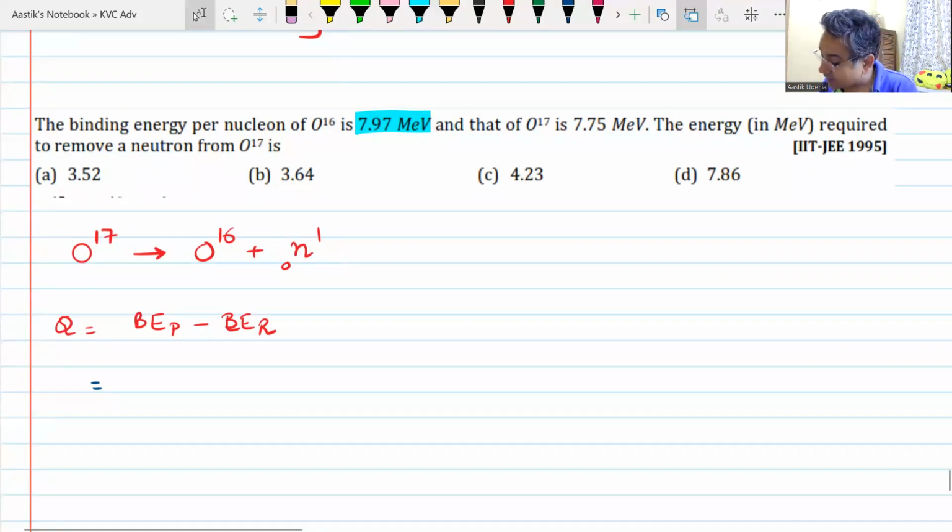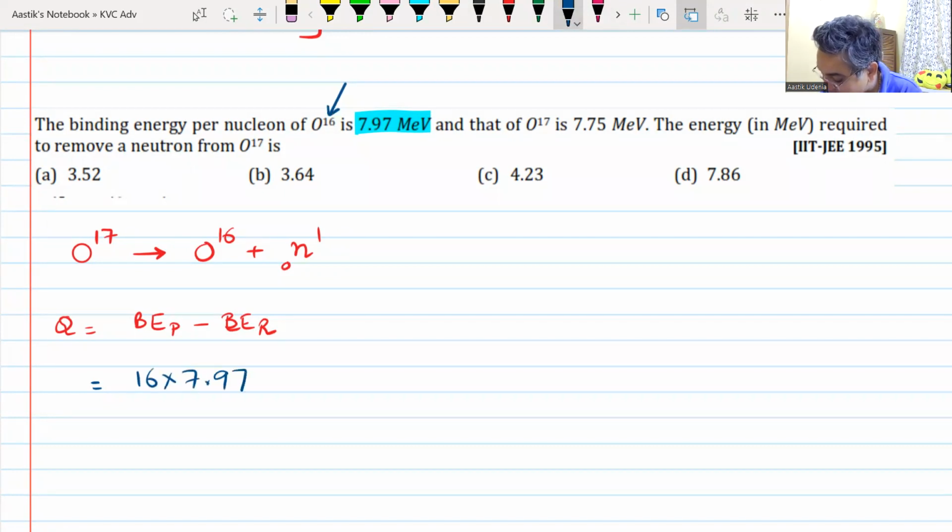The product has 16 nucleons. So I have to multiply 16 by 7.97, and then I have the binding energy of the product.